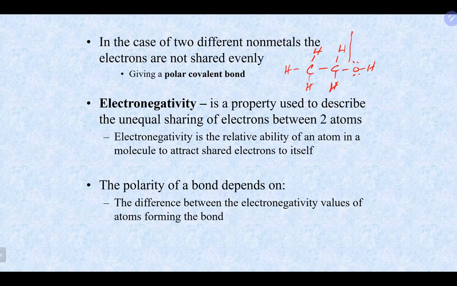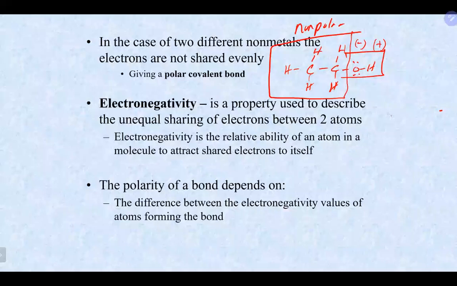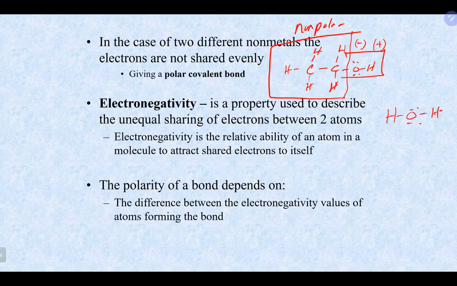It has this part, which is nonpolar, but it also has this OH bond, and that OH bond is polar. It's negative on the oxygen, positive on the hydrogen. Because of that OH bond, it's able to interact with water through hydrogen bonding from the negative oxygen to the positive hydrogen, and it makes something like ethanol soluble in water.